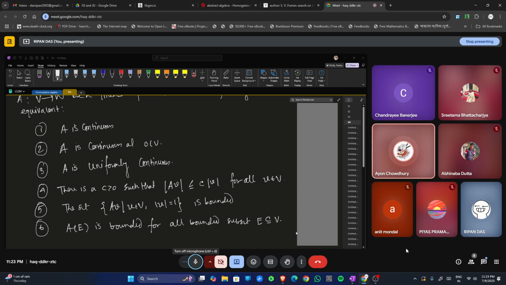We know 1, 2, and 3 are equivalent, and 5, 6 are equivalent. So there is only 4. We need a bridge from 3 to 4 and 4 to 5. I guess that will be enough. So how can you show that 1 implies 4? I mean, 4 implies 1 is easy, right? 4 implies 1 or 4 implies 3 is easy. Can you see that?